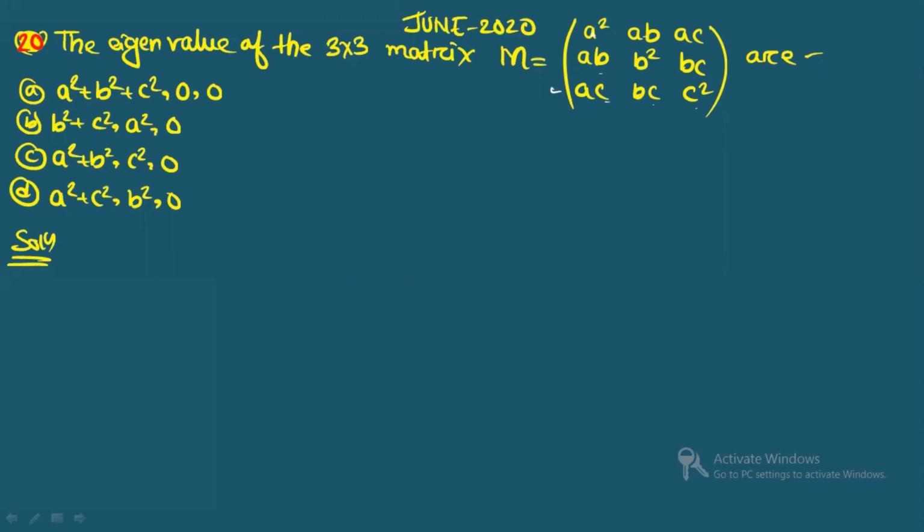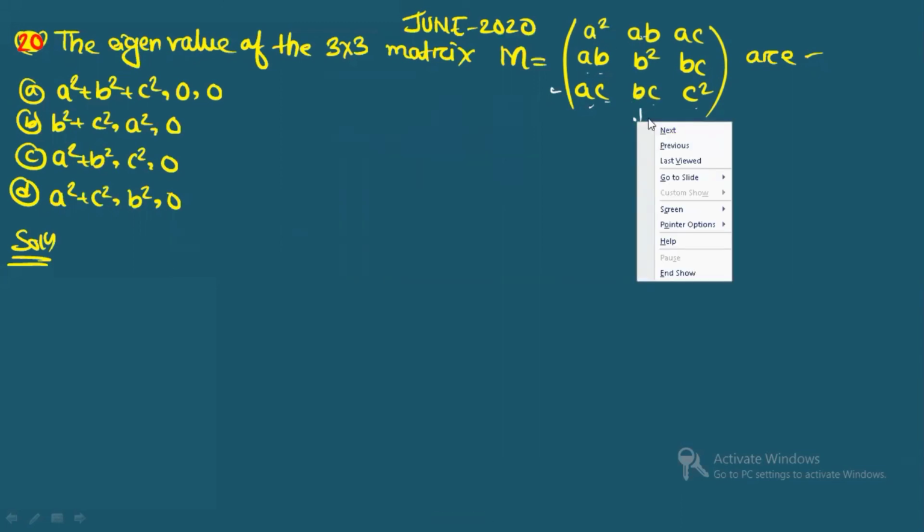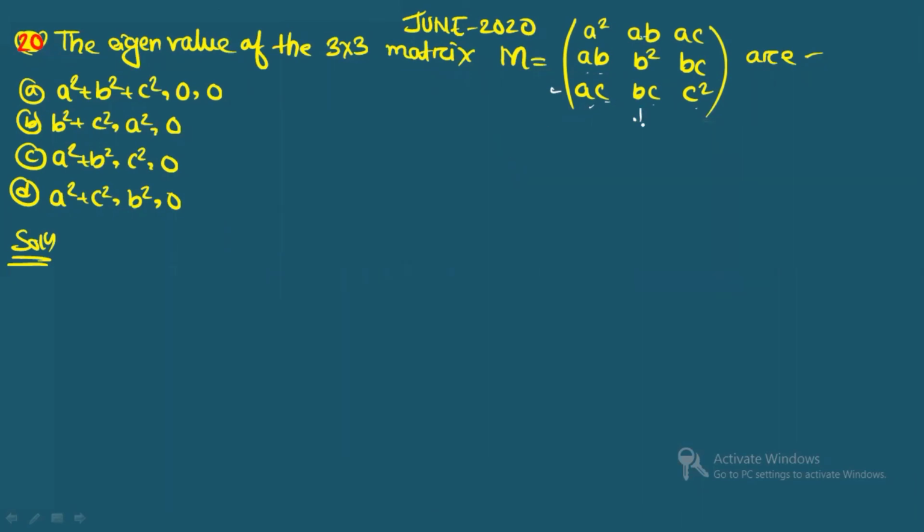If you check the columns here, this is A square, AB, AC. This is AB, B square, BC. Now if you see this column, C2, if you do B by A of C1, you will get AB, B by A times B square, B by A times BC.